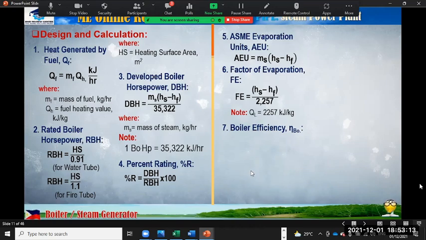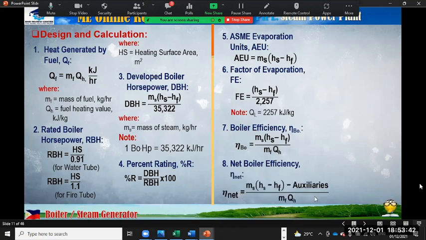With regards to boiler efficiency, the boiler efficiency is equivalent to the output over the input. Basically, the output is the heat that is being absorbed by steam divided by the heat that is being developed by burning the fuel. That's it. Next, we have the net boiler efficiency. Yes, we do have a boiler efficiency, but there is also this net boiler efficiency. And the difference between the two is that we try to include the auxiliaries here in the computation. Okay?